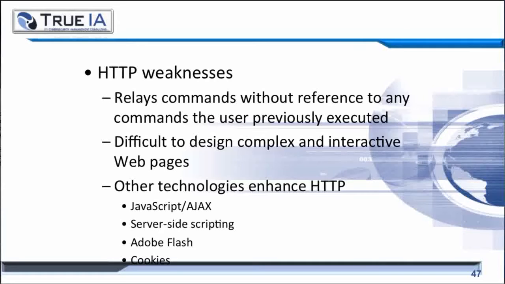One of the core weaknesses of HTTP is it relays commands without reference to any command the user previously executed. It's also fairly difficult to design complex and interactive web pages. That's why we rely on other technologies such as Java or Adobe Flash.